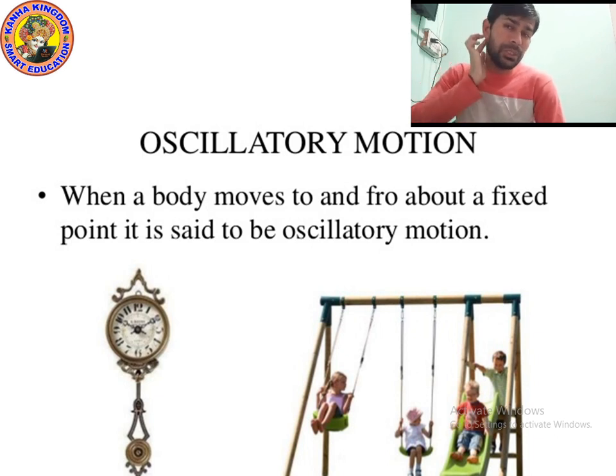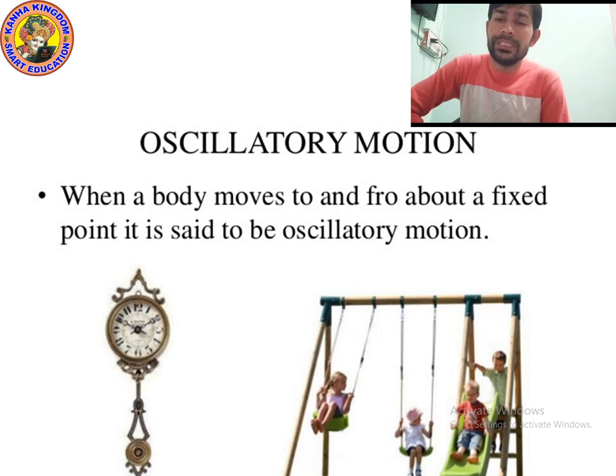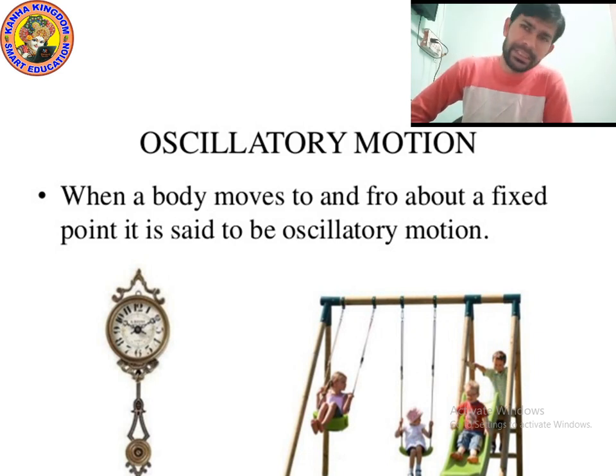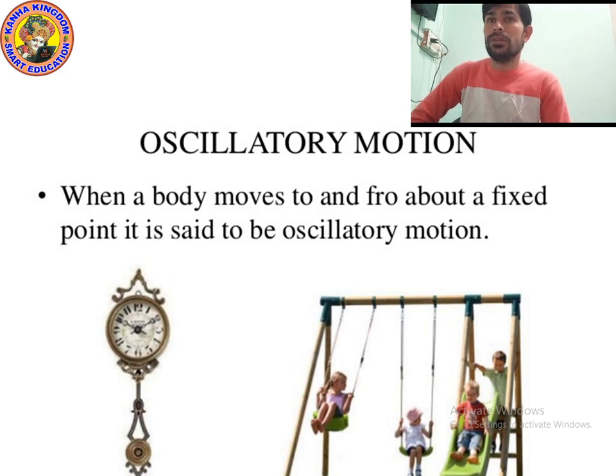This kind of motion, which repeats again and again in a fixed interval of time, is known as oscillation or oscillatory motion. You can also call it vibration or vibratory motion, because vibration is also a back and forth movement.